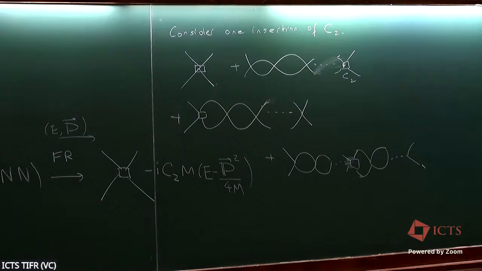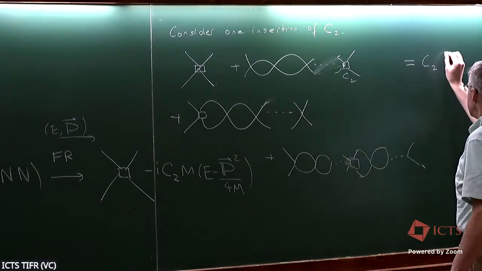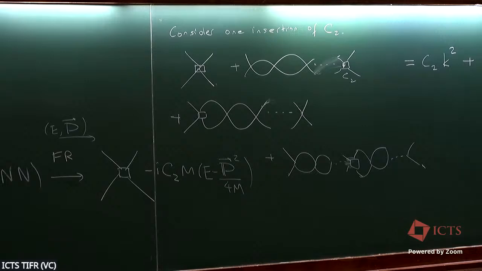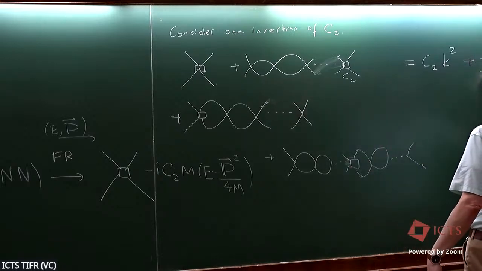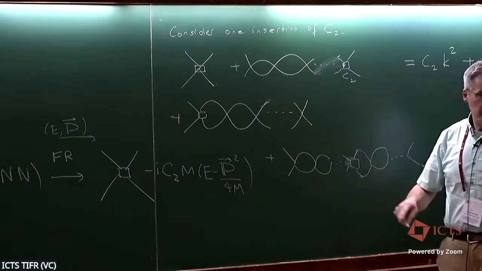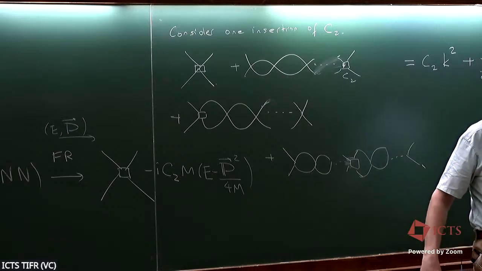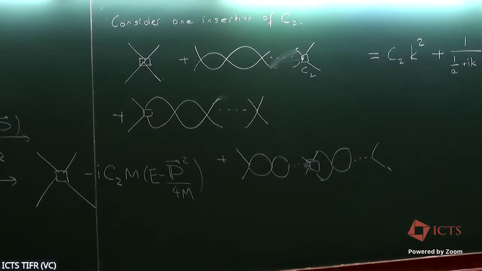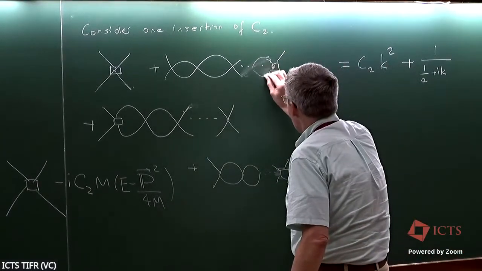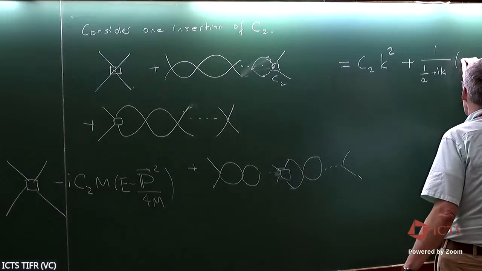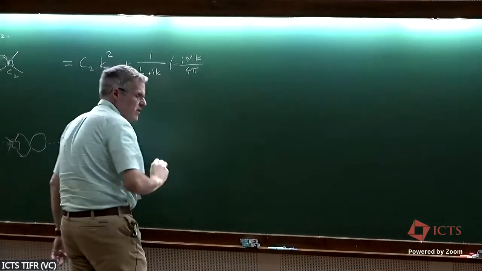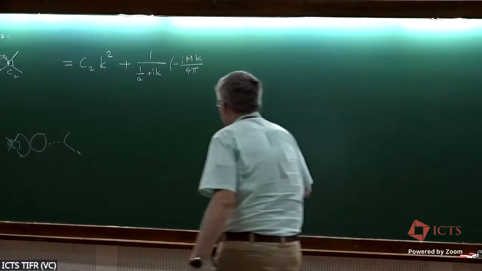All right, so if you do the algebra here, on this first line, you get C2 times K squared. On this second line, this here is just going to give me, because I have to sum, 0 bubbles, 1 bubble, 2 bubbles, 3 bubbles. So I sum the geometric series and I get back 1 over A plus IK. And then for this last bubble, the one right before C2, sorry, no. Yeah, okay, we can do that.